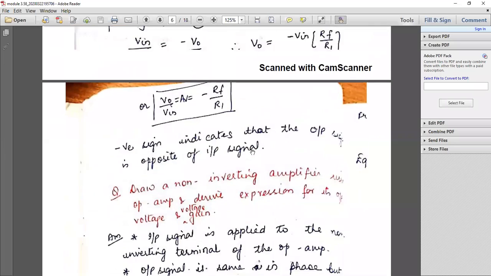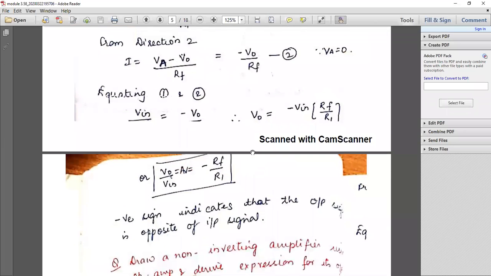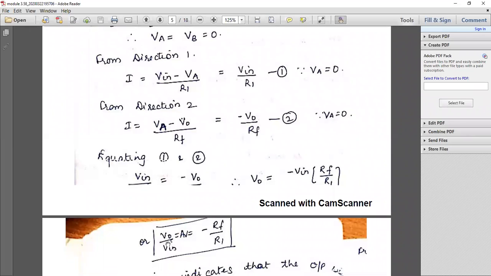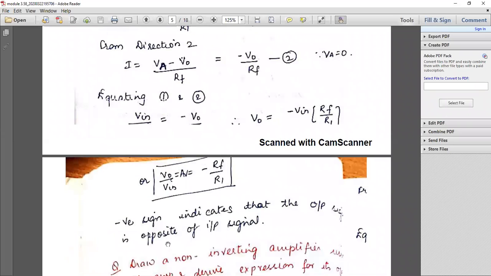Using this concept, we equate equation 1 and 2: Vin by R1 equals minus V naught by RF. Deriving further for V naught, V naught equals minus Vin into RF by R1.